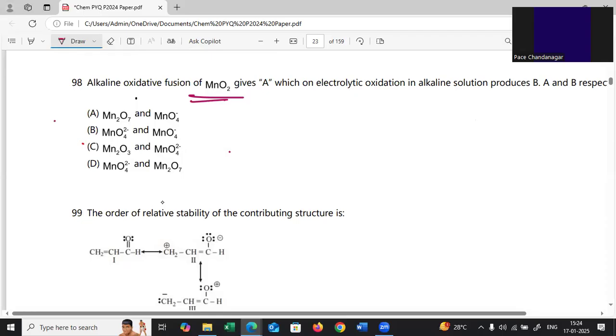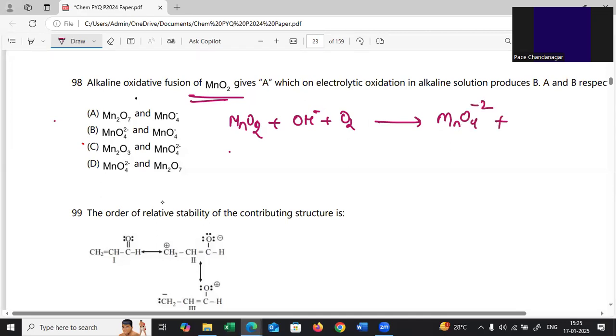Alkaline oxidative fusion of MnO2 gives A, which on electrolytic oxidation in alkaline solution. Okay, so I would say MnO2 plus alkaline, so OH minus, alkaline oxidative, so O2 now will give me what? MnO4 minus 2.